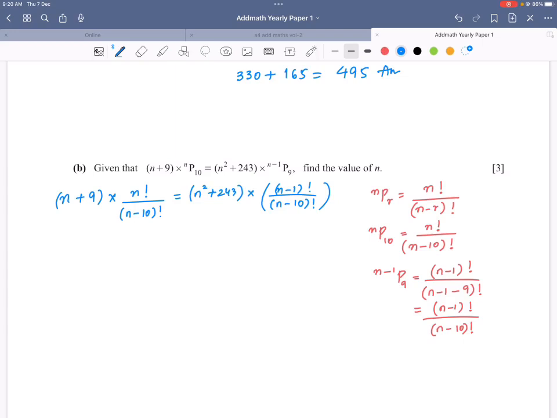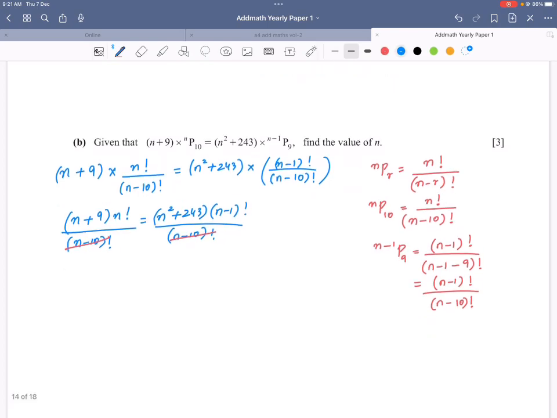We can simplify them, so it will be n plus 9 times n factorial divided by n minus 10 factorial equals n square plus 243 times n minus 1 factorial divided by n minus 10 factorial. On both sides we can cancel these two.